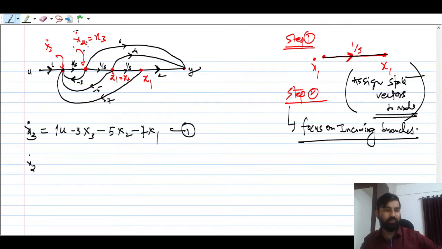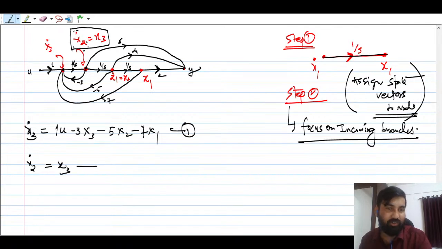Now you write for x2 dot. So focus on x2. x2 is here. Incoming is what? Okay, so this is x2 dot. Don't take the integrator now, right? What is coming into x2 is only one branch, that is x3, that is second.